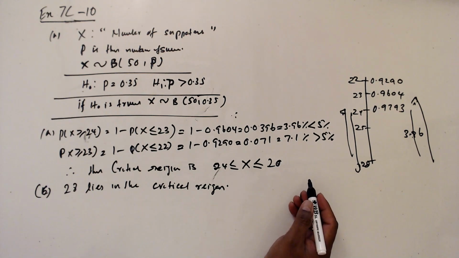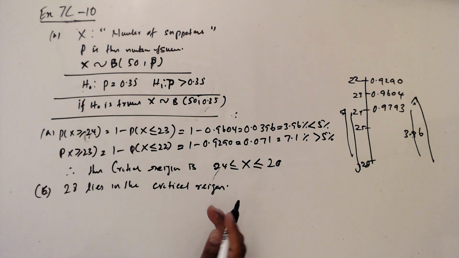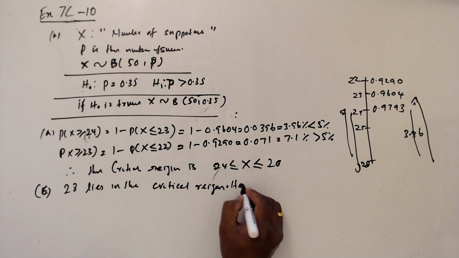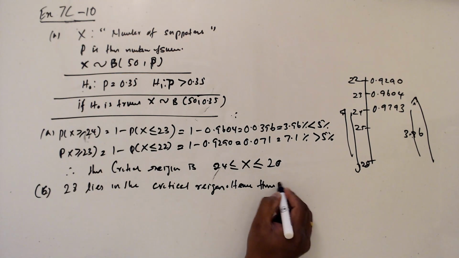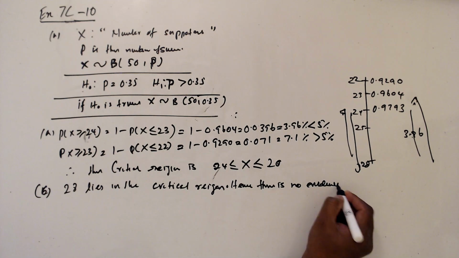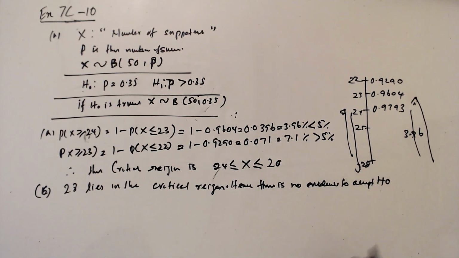If it lies in the critical region, we have to reject. So it means there is no evidence to accept H naught.